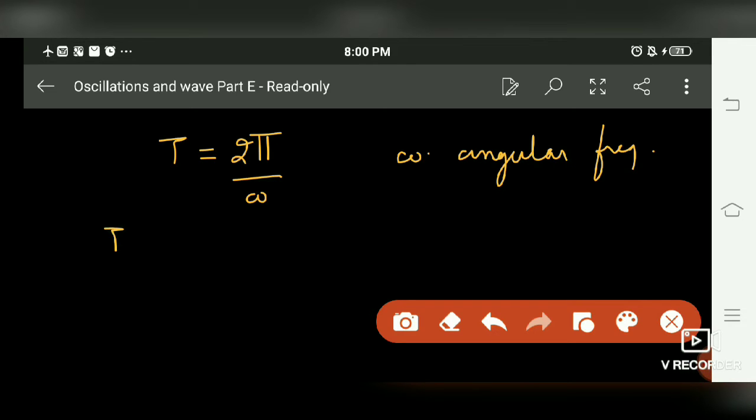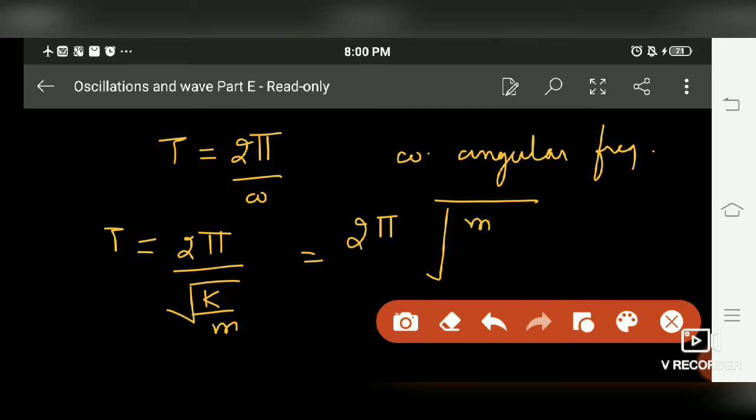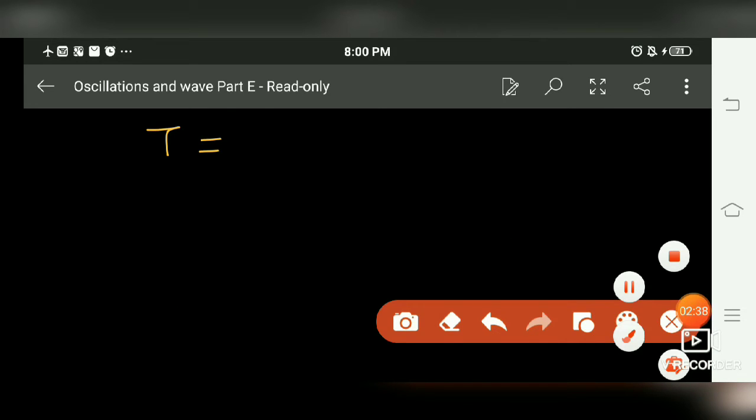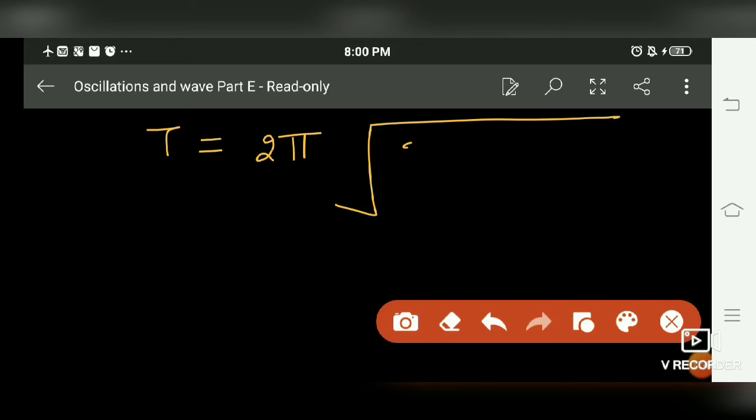So instead of omega, we can also write under root of k by m, or it equals 2 pi under root of m by k. So we can say time period for simple harmonic motion is 2 pi under root of inertial factor upon spring factor.